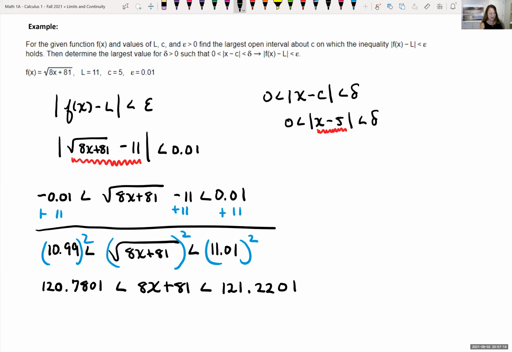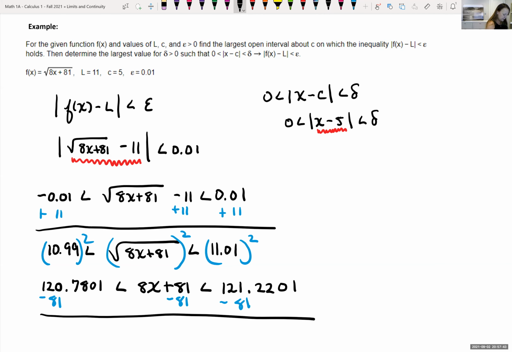So I want x minus 5. And so let's get x by itself in between, and then we can manipulate it to get that minus 5 there. So let's subtract 81 on all sides. I'm going to do it on the right-hand side first, just because I already have that in my calculator.